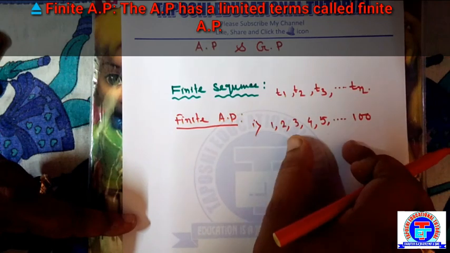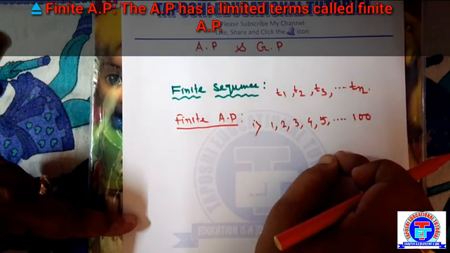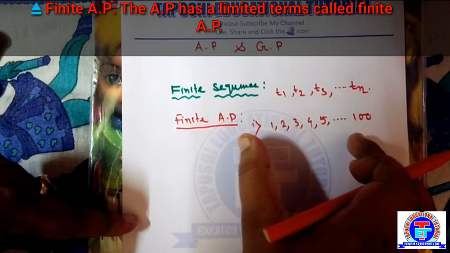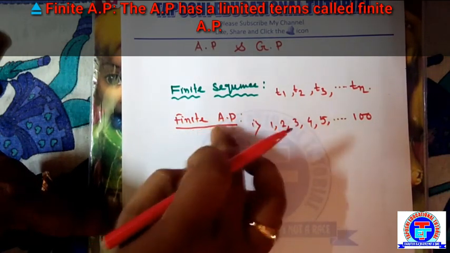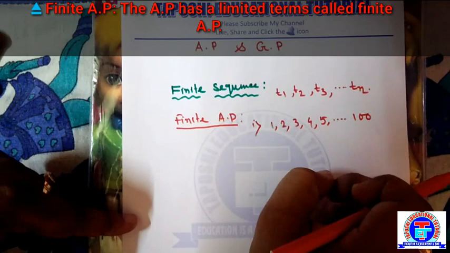So it has a finite limit. This type of sequence is called a finite A.P.